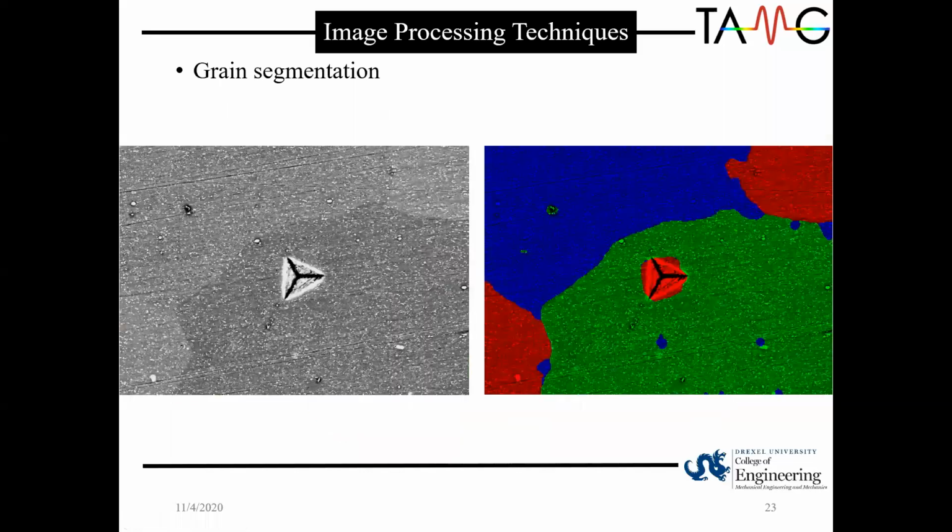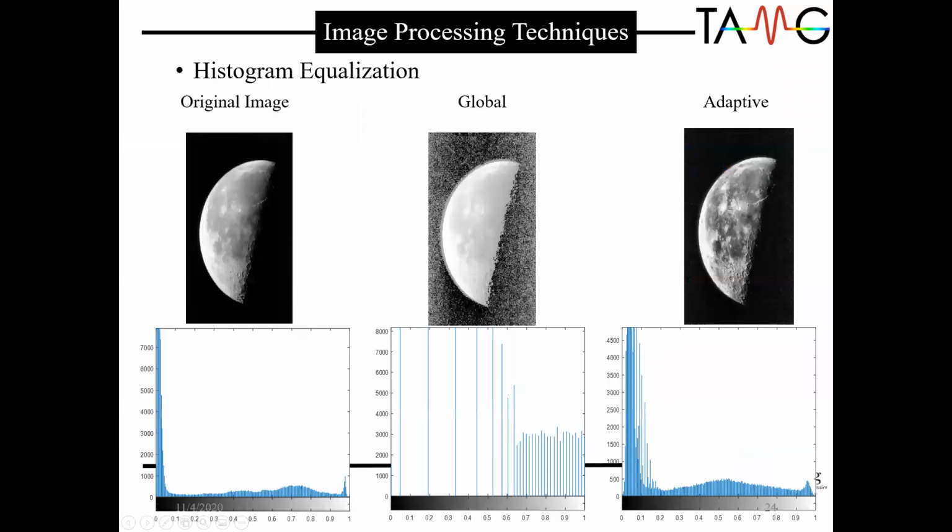On a more micro scale, we can use image segmentation for grain segmentation. So basically the grain values within the microstructure of your metal, for example. So we can identify where the grain values end, where the grain values start, and figure out why the hardness is different between two different points within the same matrix.